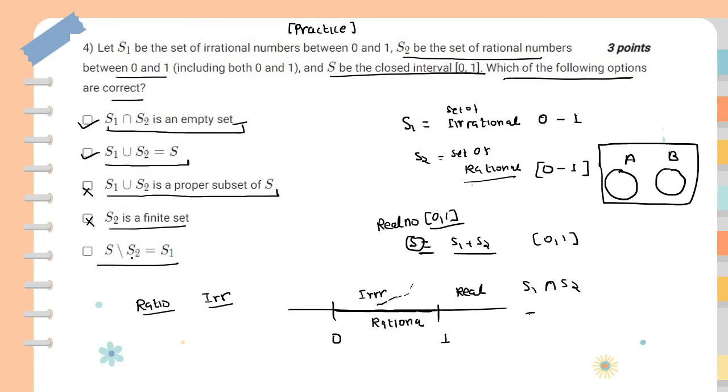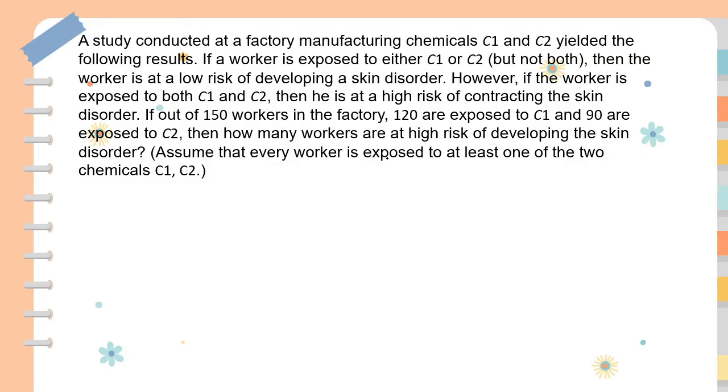And the last one is S minus S2. So S is equal to S1 plus S2, so S minus S2 will be equal to S1, so this is also correct. So this question was asked in the practice assignment. This was a very good question, that's why I have taken this.